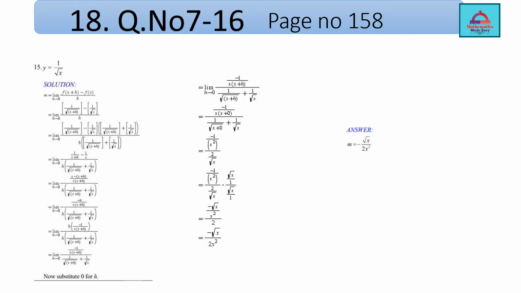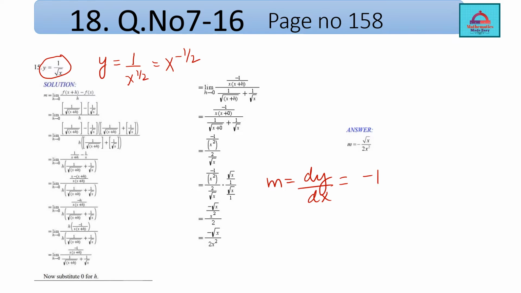Now in question 15, I will give you a trick. The question was given as 1 over x to the power this. So this is the same as x to the power 1 by 2 with a negative power. So when you do dy by dx, just to check the slope using the shortcut, negative comes down, x to the power negative 1 by 2 minus 1. So what is it coming? x to the power minus 3 by 2.